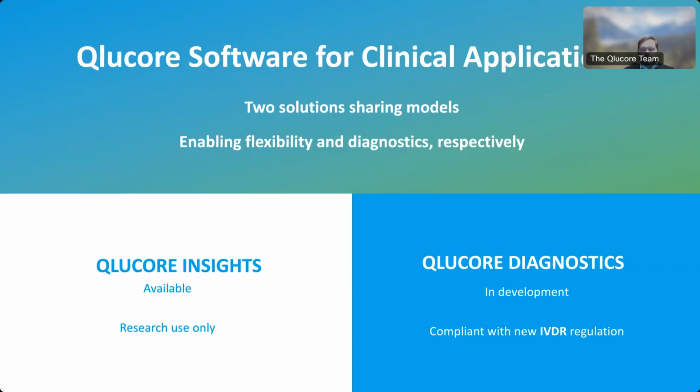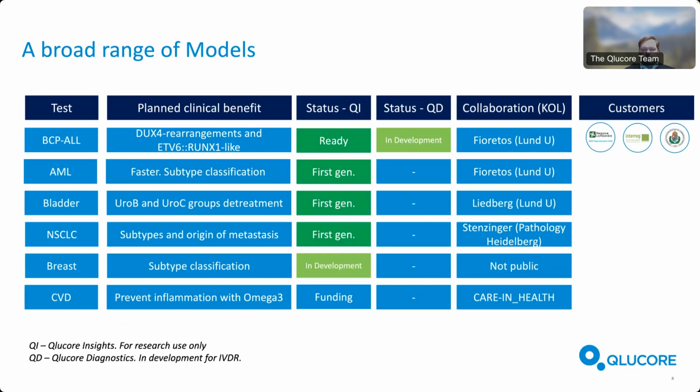So what can be done with these tools today? This is the current situation when it comes to the models that are available for Qlucore Insights and Qlucore Diagnostics. And at the moment, for Qlucore Insights, there are the B-cell precursor acute lymphoblastic leukemia, the acute myeloid leukemia, bladder cancer, and non-small cell lung cancer.